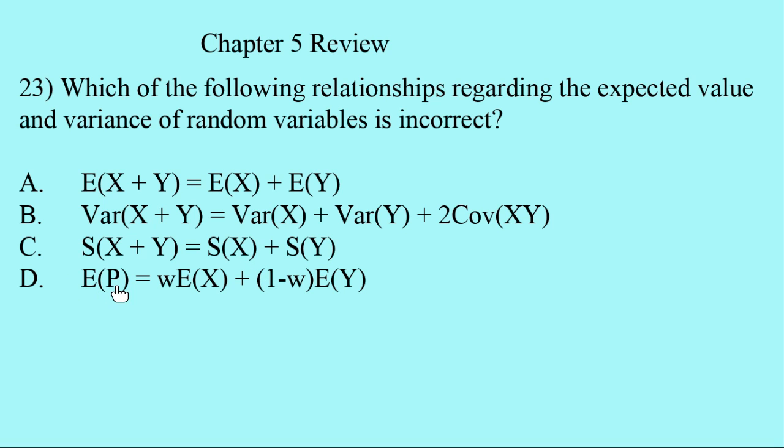And the expected value of P equals w times the expected value of x plus 1 minus w times the expected value of y. Okay, I don't think we covered this.